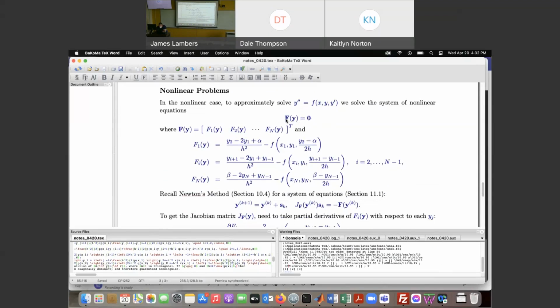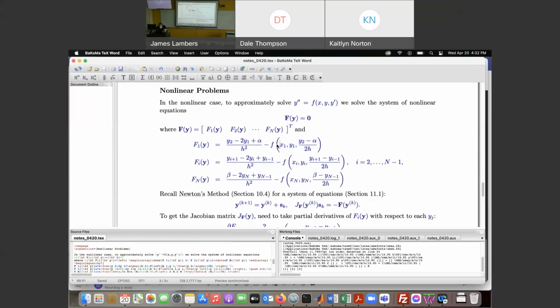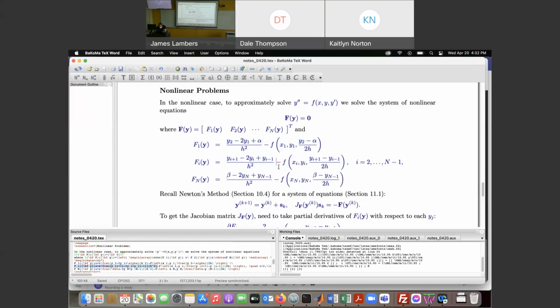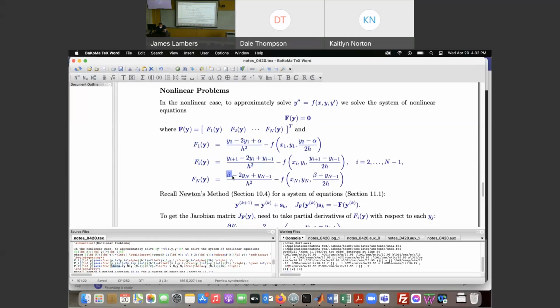So we define a vector-valued function, capital F of y, that has component functions that all must equal 0 as a solution. And here are each of those component functions corresponding to the equations that we had before, just nonlinear instead of linear. So here we have the equation for the leftmost point, that would include the left boundary value alpha, and then for interior points, and for the rightmost point, where the right boundary value beta comes into play.